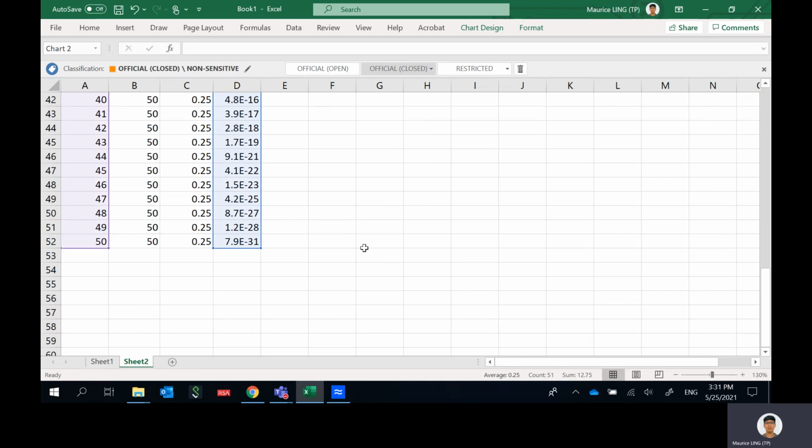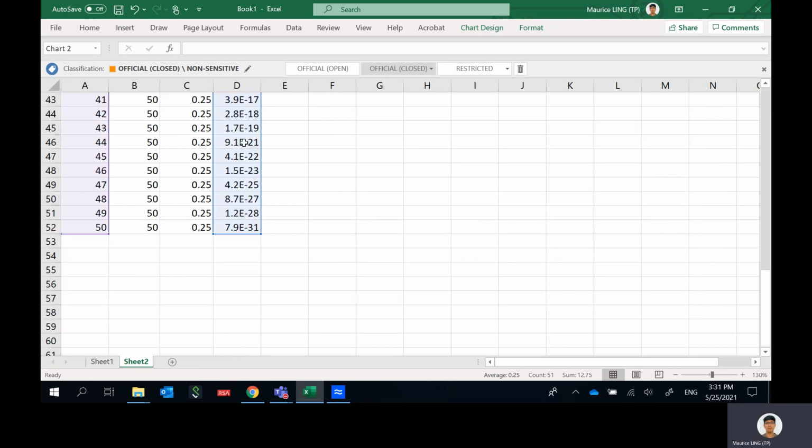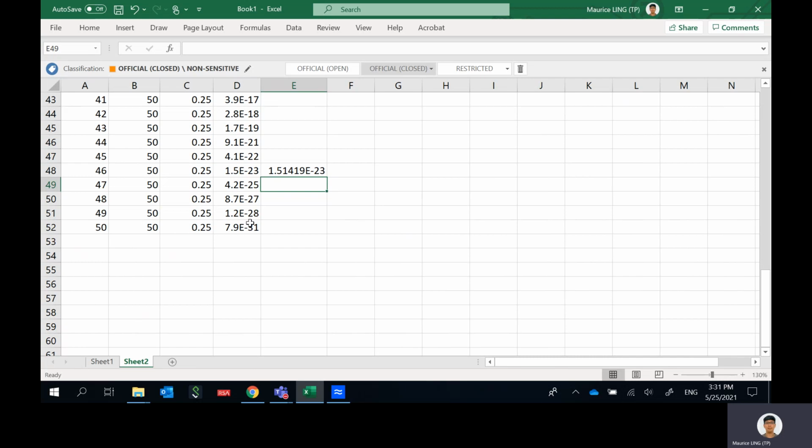Okay. So then this is your probability. So if you go all the way to 46, 47, 48, 49, 50, you do a sum. That means you never study anything at all and you try to pass. That is not going to happen.